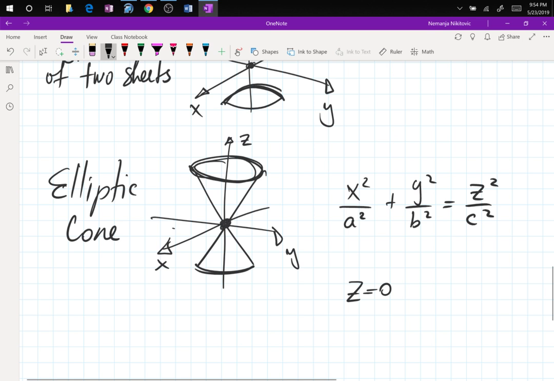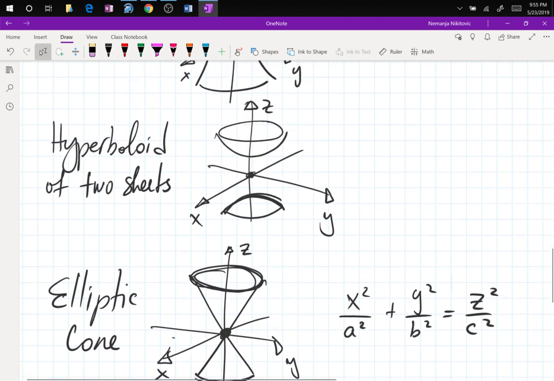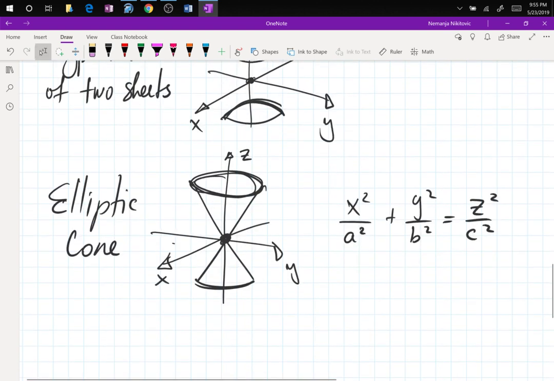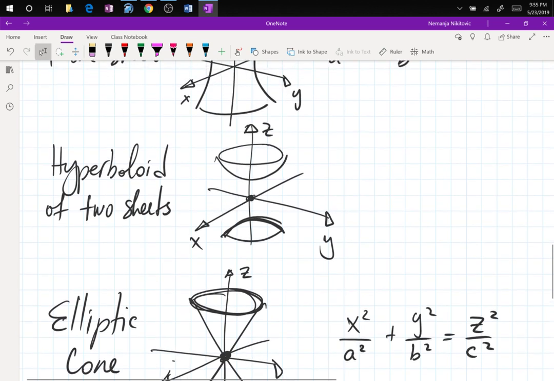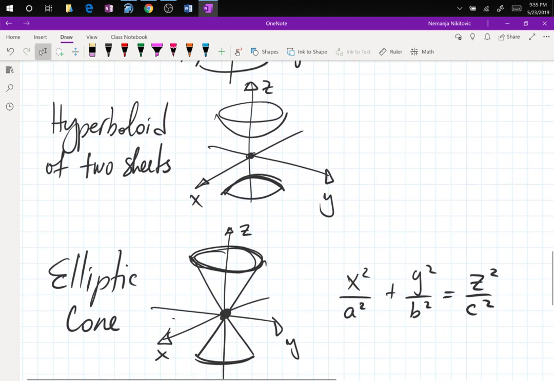You are getting the 0, 0, 0. Good. When you cut with x equals 0, then you have y equals plus minus z, which is linear. Okay, sorry. So you gotta fix this, guys. What the hell did I do here? Okay, got it.